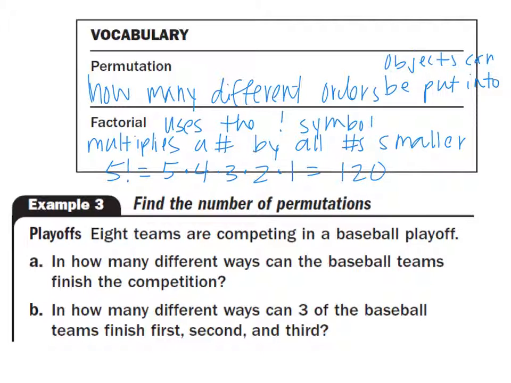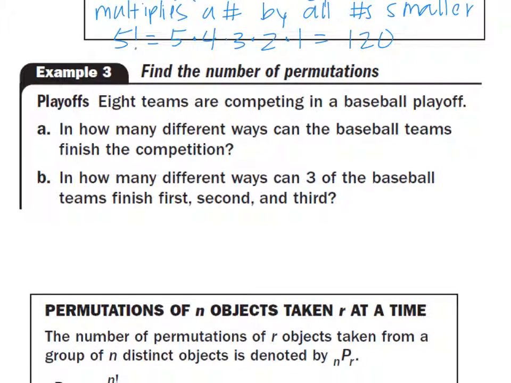All right. So let's look at a couple examples here. So 8 teams are competing in a baseball playoff. How many different ways can the baseball teams finish the competition? So this is actually just like what we were looking at yesterday. So if we have 8 different teams, that's like we have 8 little spots here we need to fill out.